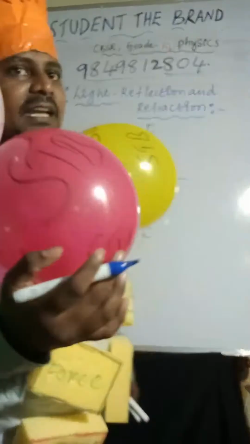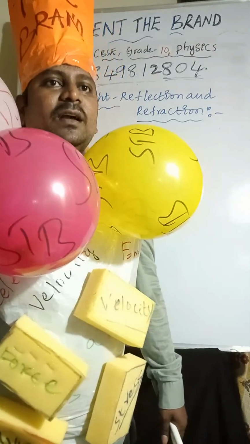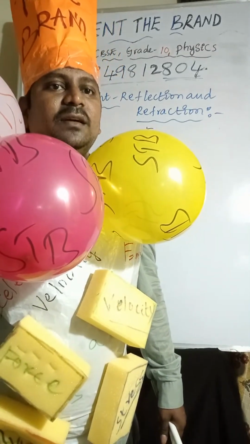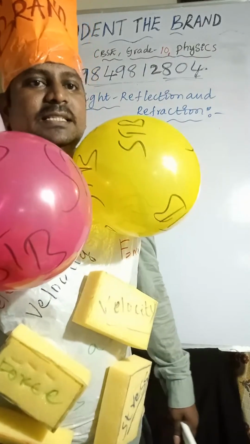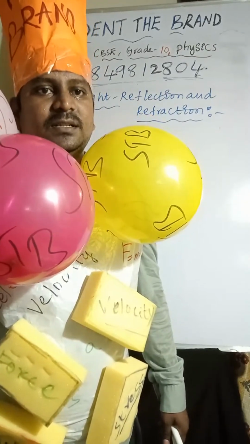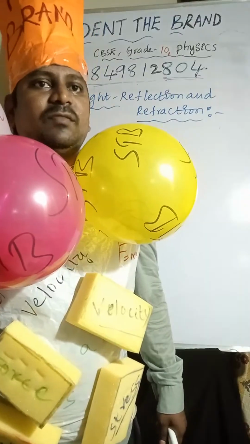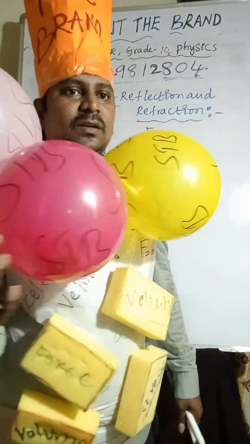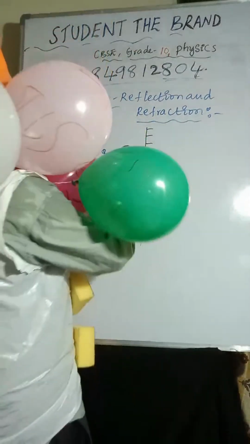How many light rays are required to form the image of the object? A minimum of 2 light rays are required to form the image of the object. Yes or no? Now you can see here.